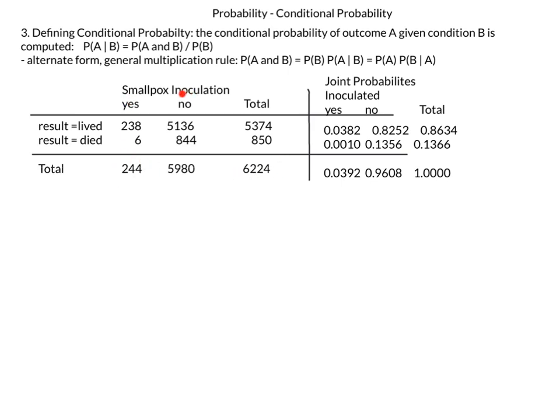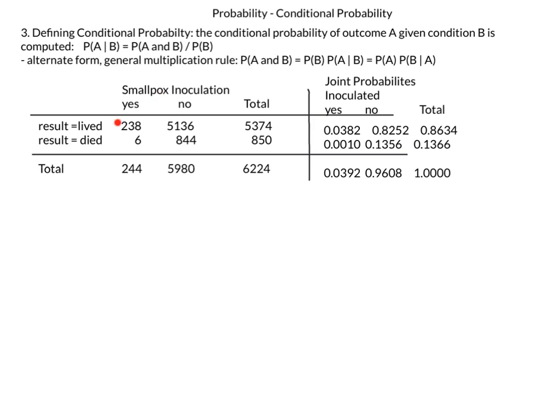Then for those who are not vaccinated, we have 5,980 out of 6,224 that are not vaccinated. And then here, along the totals, results, we have 5,374 people who lived, 850 who died.